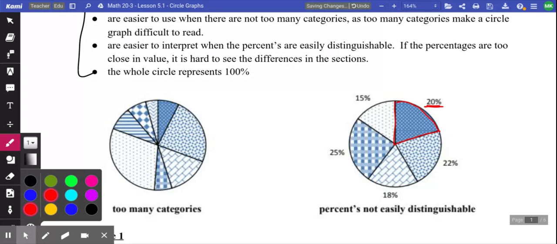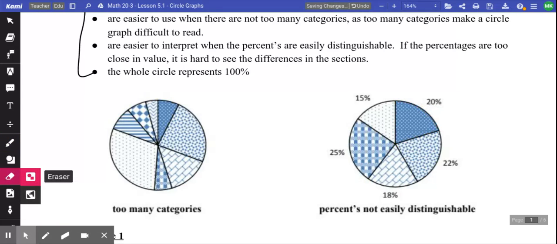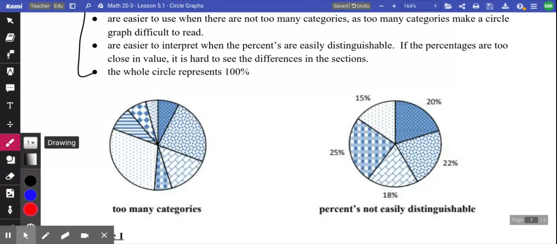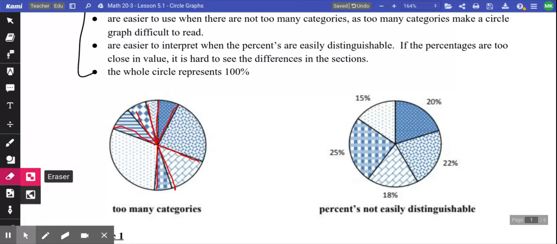The reason these two circle graphs aren't good examples is because the first circle graph has way too many sections. It's been broken up into so many things, it's hard to see how much is really going on. Circle graphs are typically for when you only have a few sections of data. The second circle is not a good example because all the sections are pretty much the same size.